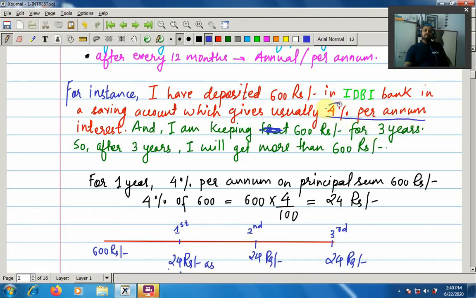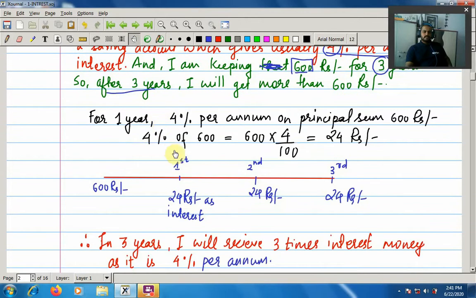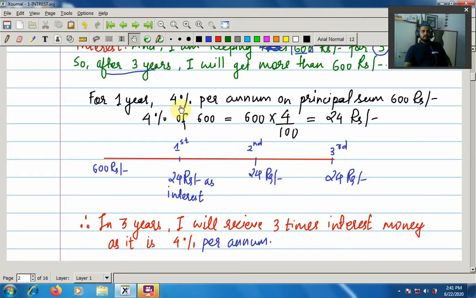It means they are giving me 4 rupees on every 100 rupees invested by me, but I have invested 600, and I'm keeping these 600 rupees for 3 years. How much money am I going to get after 3 years? So after 3 years, definitely I'll get more than 600 rupees. So let's count. I have done the calculation for 1 year by 4% per annum on principal sum 600 rupees.